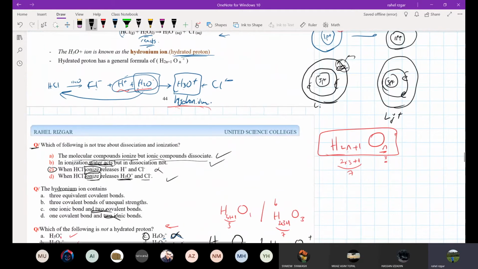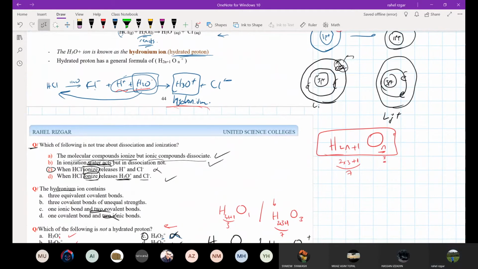This is what is formed for hydronium: oxygen with 3 hydrogens, plus. If you can see, the oxygen has formed bonds with the same 3 hydrogens.